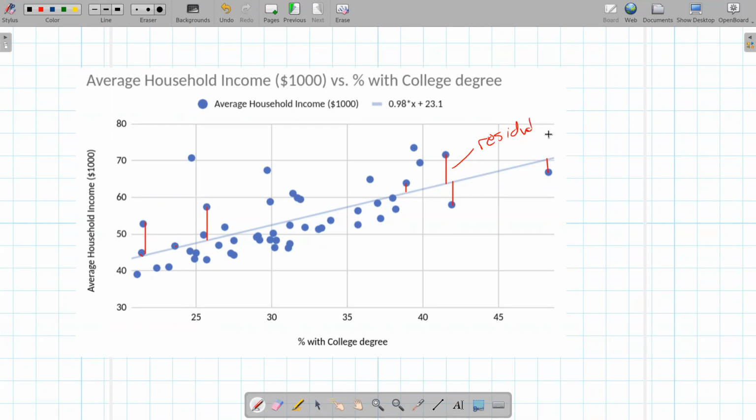So to calculate a residual, well, this point has a y value and this line has a y value right there. So it's just the y value from the data minus the y value from the model, which we call y hat. Another way to think about it, it's the actual y value minus the predicted y value from the equation.